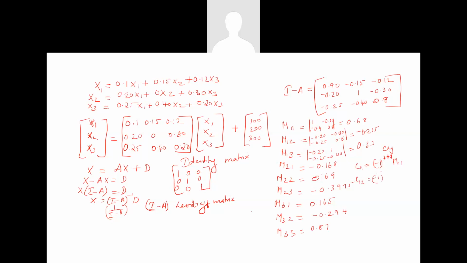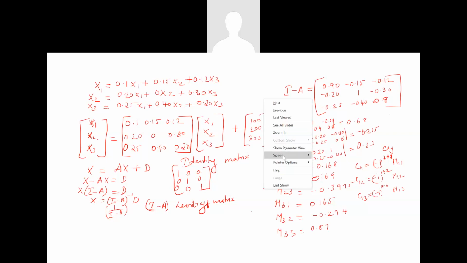C12 is minus 1 raised to 1 plus 2 into M12. C13 is minus 1 raised to 1 plus 3 into M13. That is a formula you might have learnt earlier. That is how you compute the cofactor matrix. By applying this formula, you will be able to get the cofactor matrix.